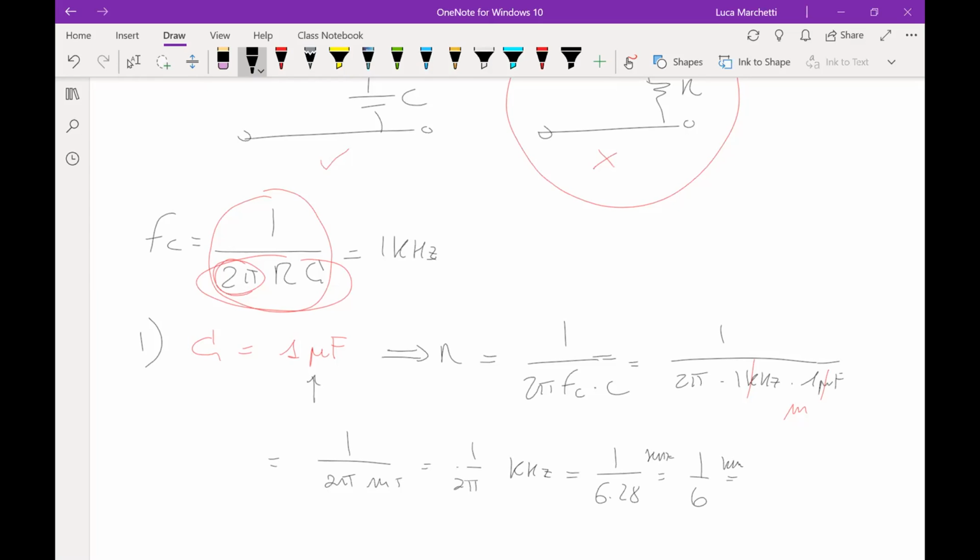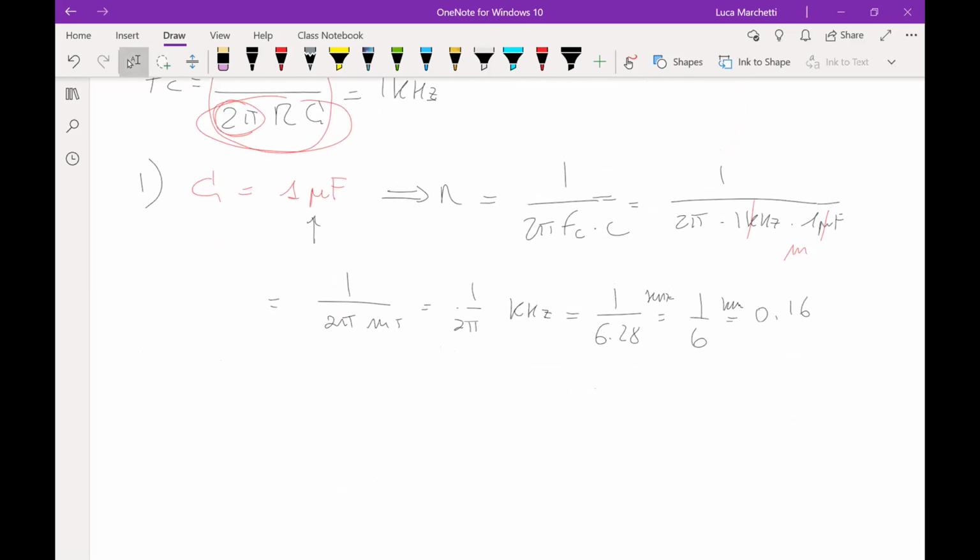1 divided by 6 is 0.1, let me see. 10 divided by 6, 0.16 maybe, something like that. It's not really important to know the precise value. Maybe someone of you can also verify with the calculator, but approximately it should be 0.16.